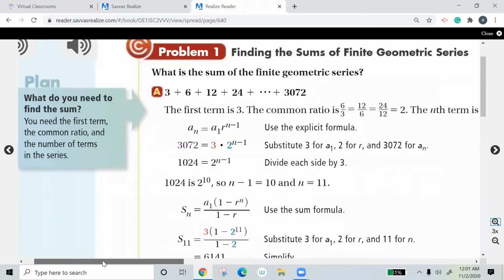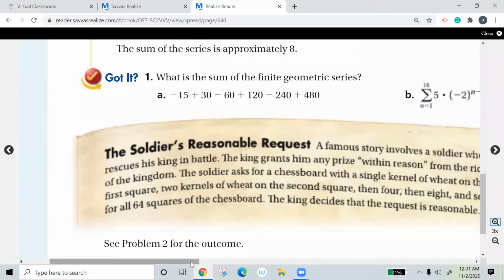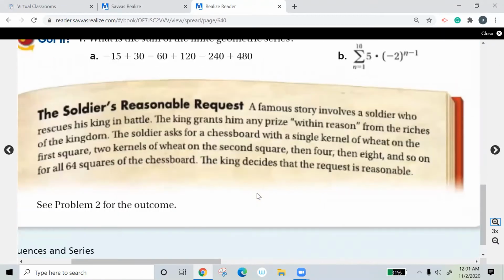Okay, first let me read for you the word problem. Here we have the soldier's reasonable request. A famous story involves a soldier who rescues his king in battle. The king grants him any price within reason.